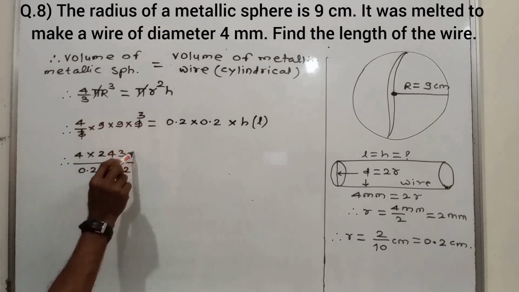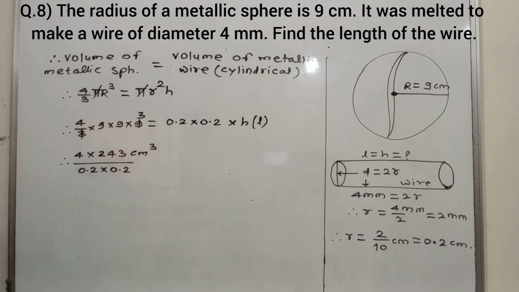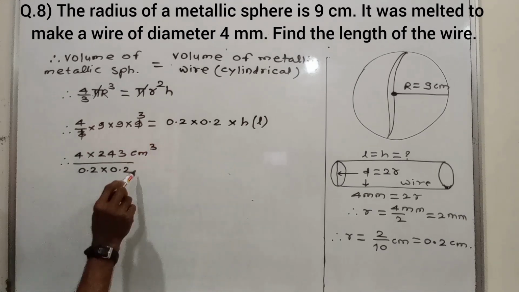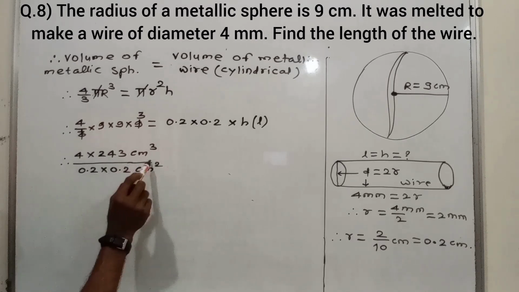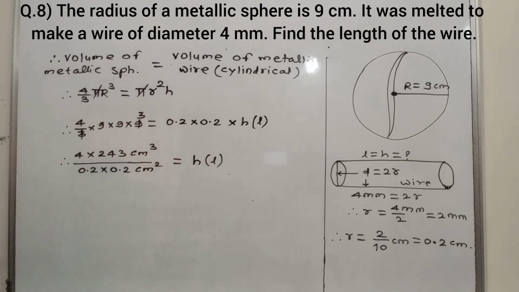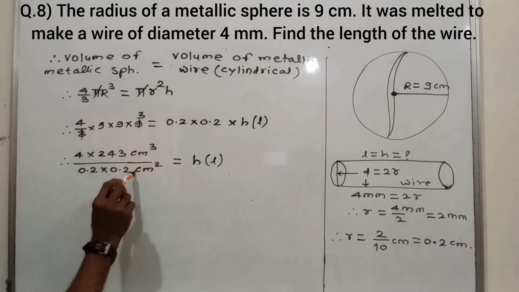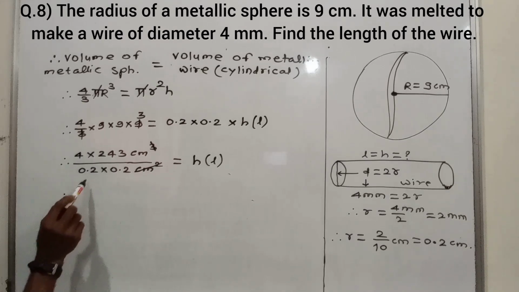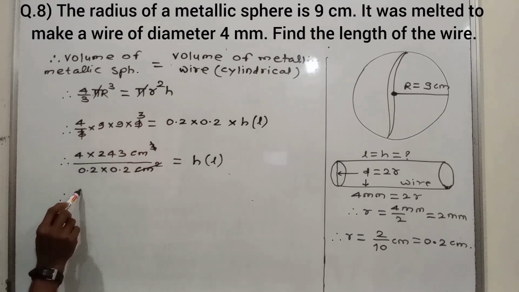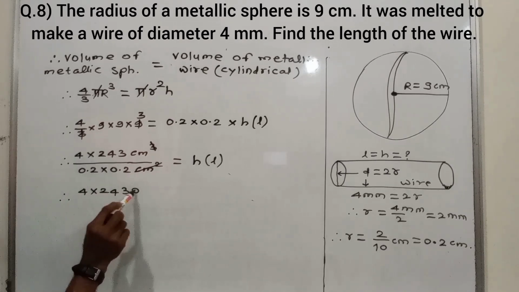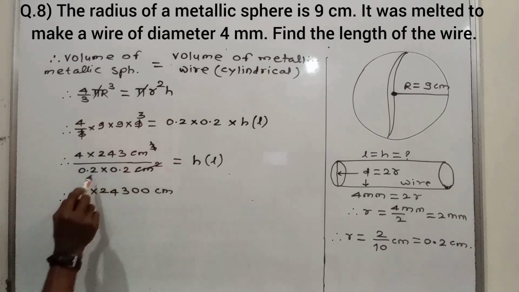Now this volume is in centimeter cube, and this r square means centimeter square, is equal to h, in bracket L, that is length. Now here centimeter square and cube cancel. Now here two decimal places, so we write this way, 24300. Here two decimal places, no?